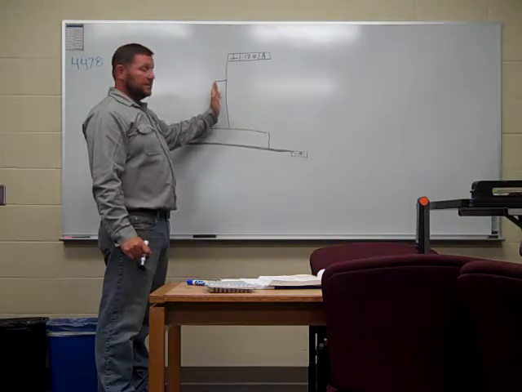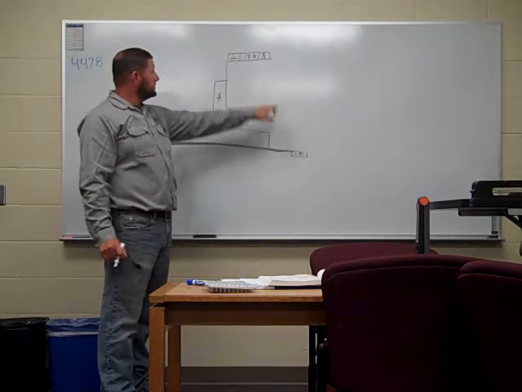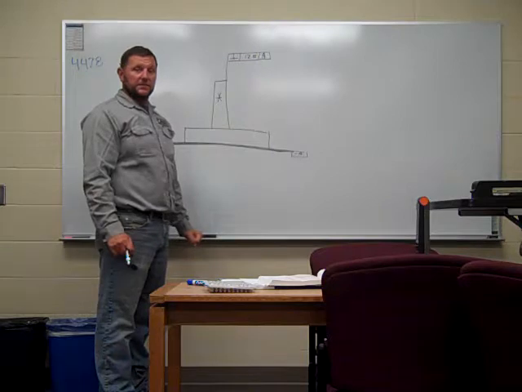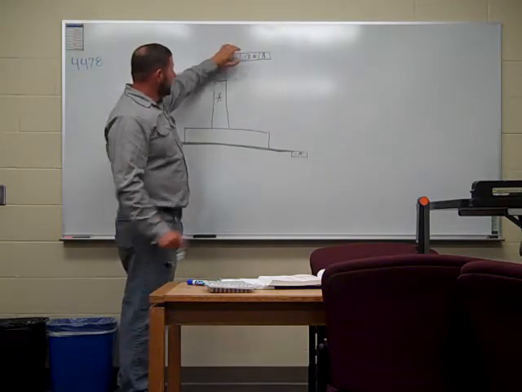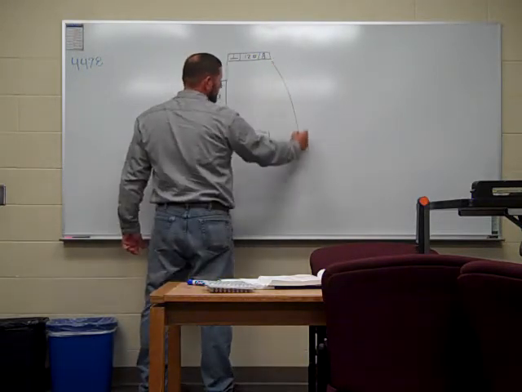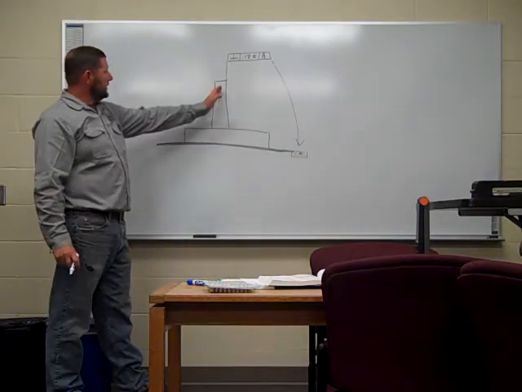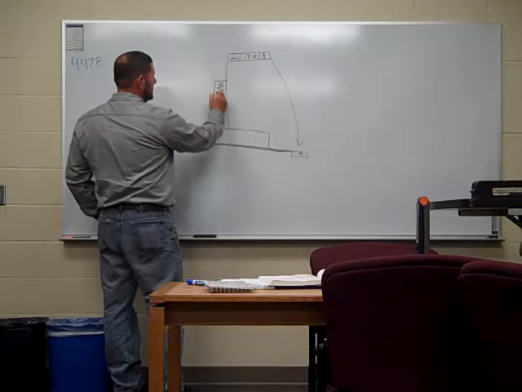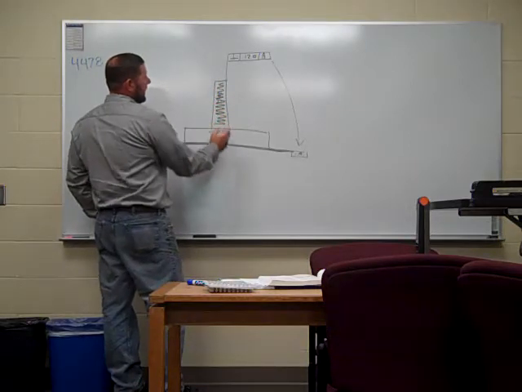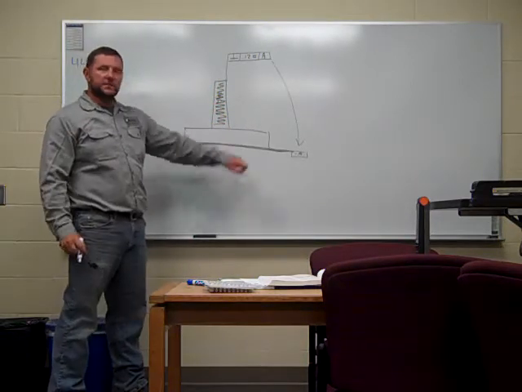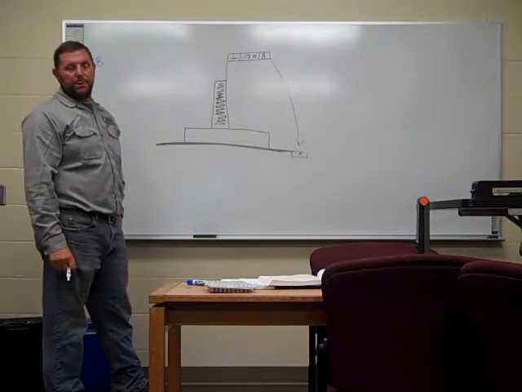But when it's done welding, it's got to be perpendicular 1/8 of an inch to that datum. So all this right here is referencing that datum. It's telling me that this vertical piece has to be perpendicular to this reference line.